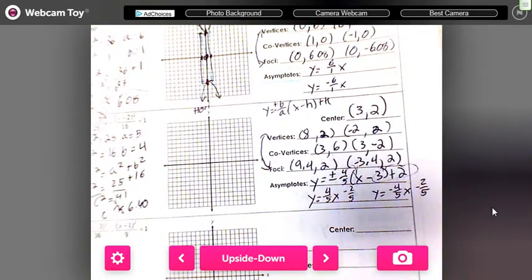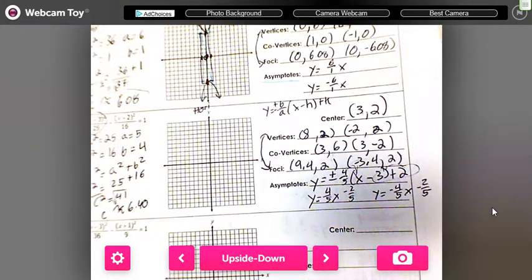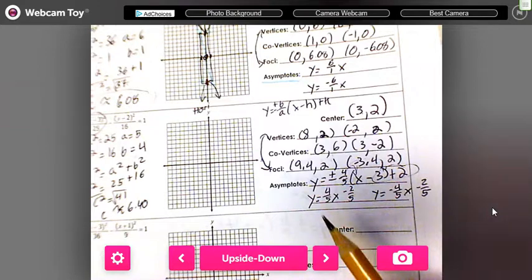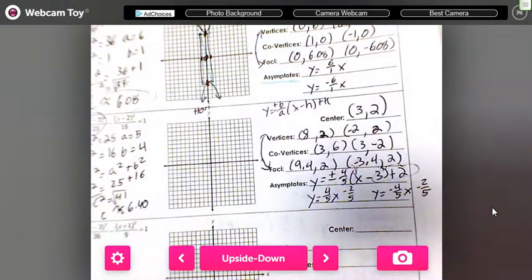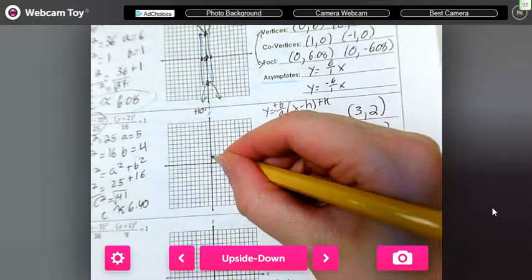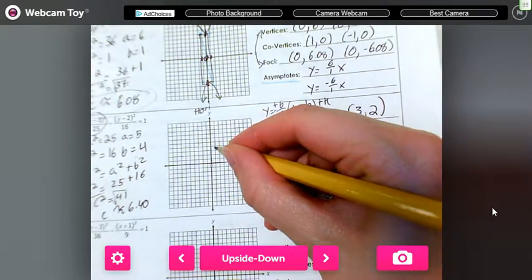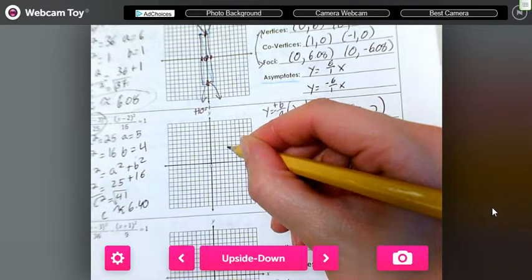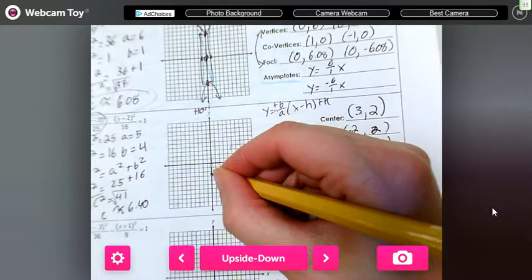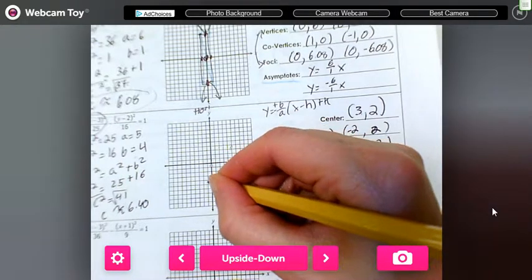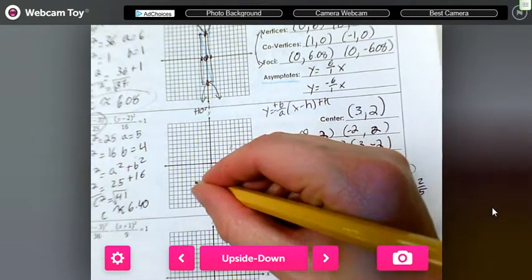Okay. So the first thing we're going to do is plot our asymptotes. I'm going to start at negative 2/5, right about here, and then I'm going to go up 4 over 5, or down 4 over 5.